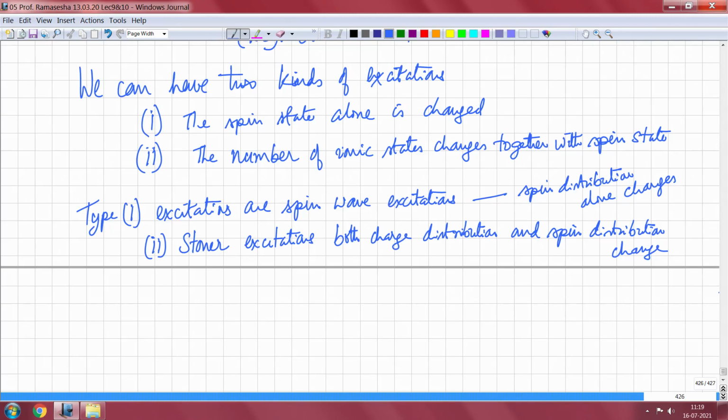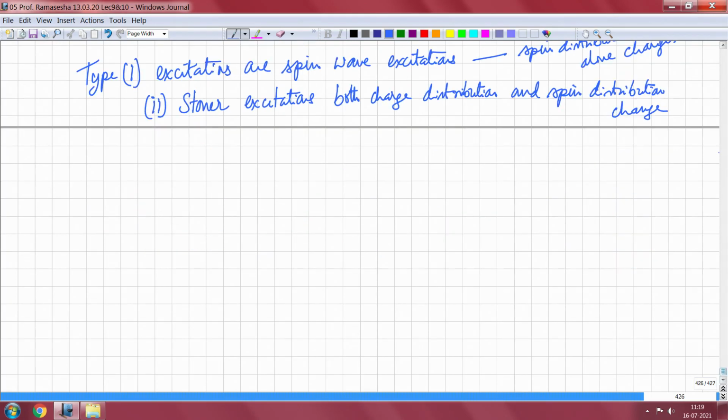So now we have two different kinds of excitations. Let us see what we can say more about these excitations. To see the spin wave excitations, what we can do is, let us consider a ferromagnetic spin chain.